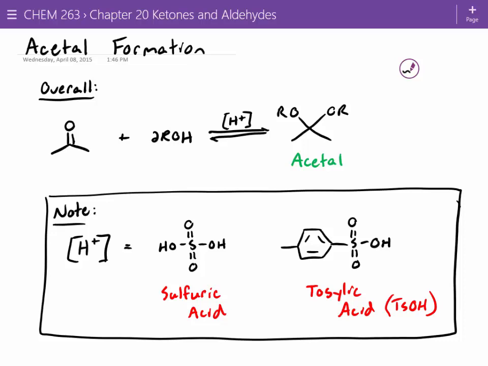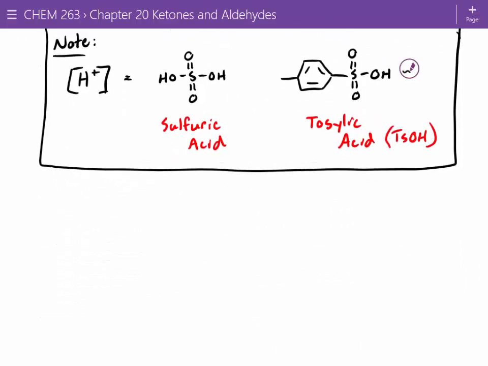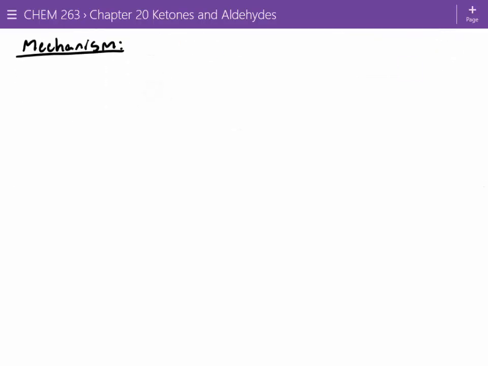So now let's go through the mechanism. And what I'm going to do is go through the mechanism for our problem of the day example. So in our problem of the day example, we had a furan. And it was a ketone.